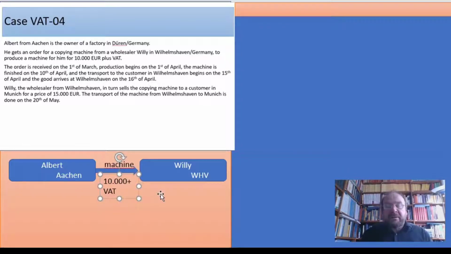This machine is transported during that transaction from Albert's factory, evidently Düren, because you remember Albert lived in Aachen, but his factory was at Düren.